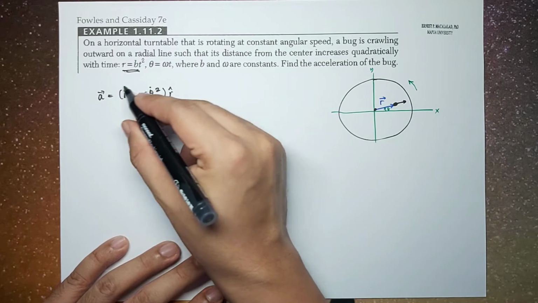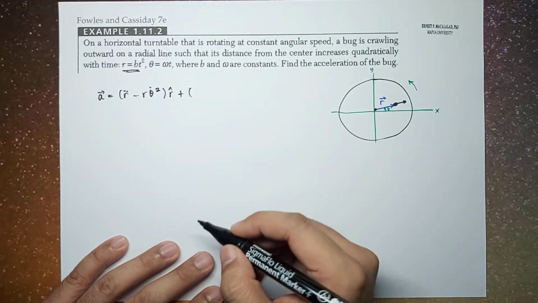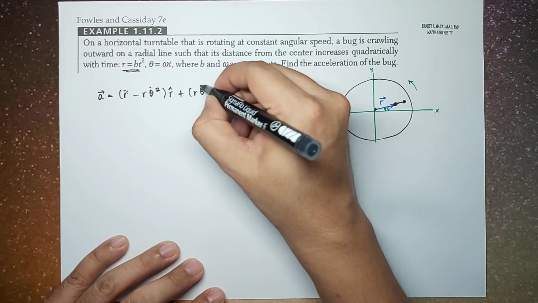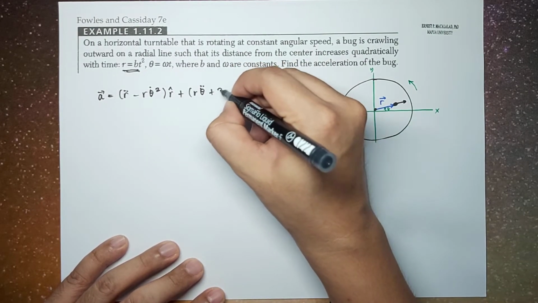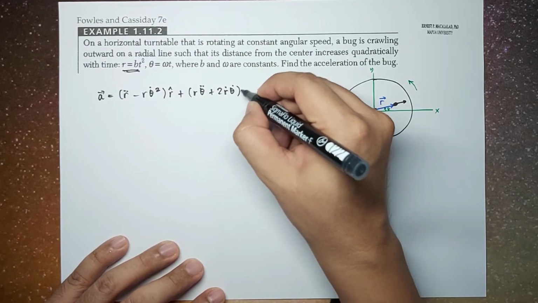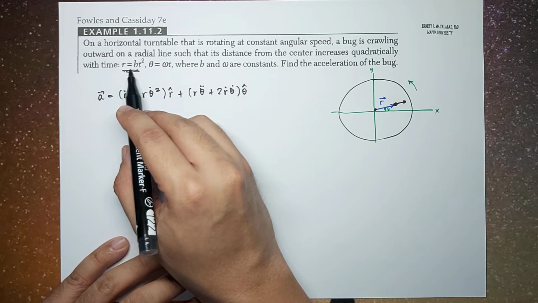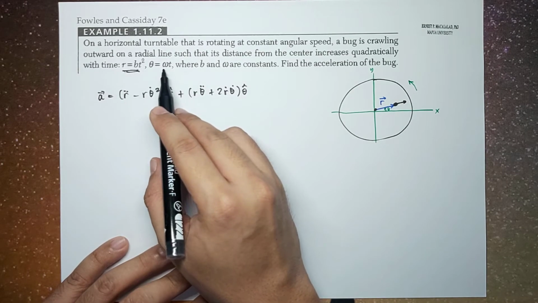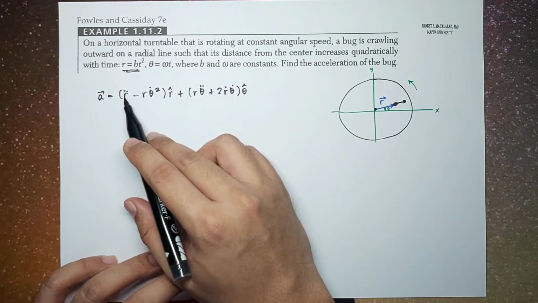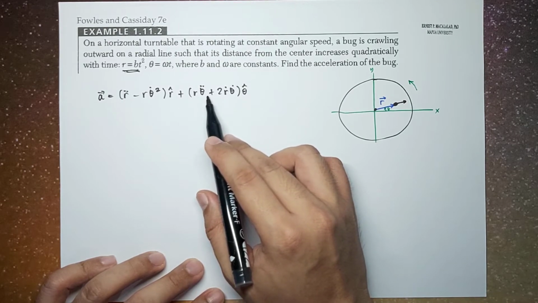This is the radial component of the acceleration, plus the angular or transverse component, (r theta double dot plus 2 r dot theta dot) theta hat. We already know that r is equal to b t squared and theta is equal to omega t. So all we need to do is get r dot, r double dot, theta dot, and theta double dot.